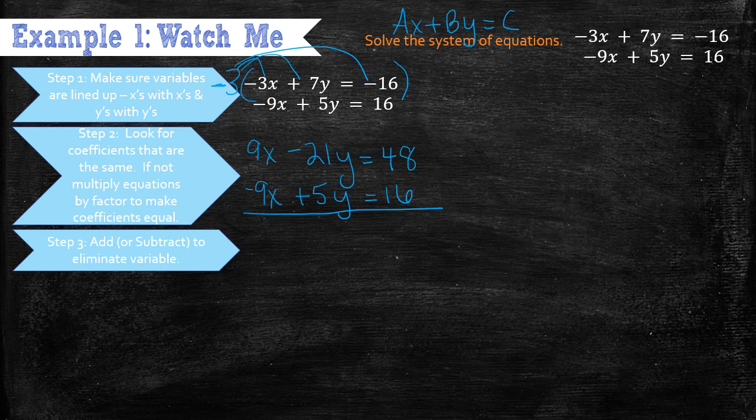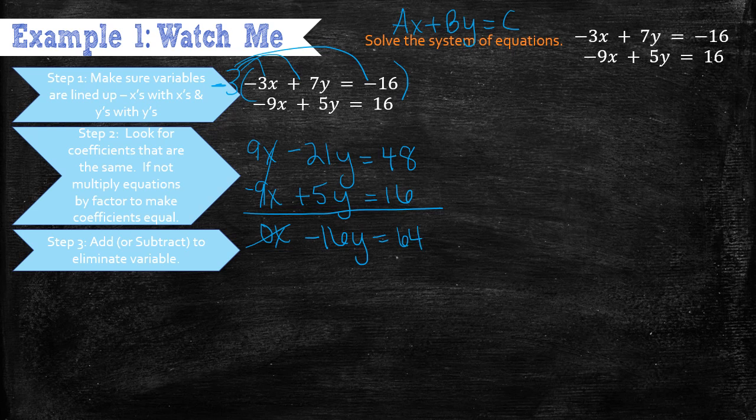When I add straight up and down, 9x plus negative 9x gives me 0x. Those are gone, okay? Negative 21y plus 5y is going to give me negative 16y. And then here we're just adding 48 plus 16, which is going to give me 64.